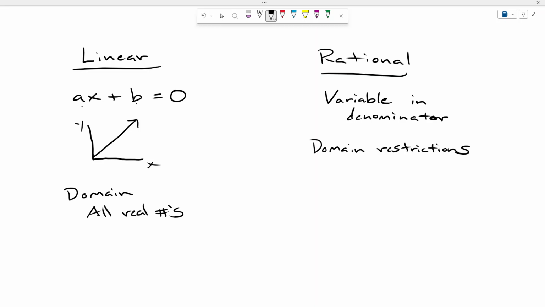And the last point I was going to make on the rational side: if you're not going to check what the domain can't be in the first step, then you need to absolutely remember that answers must be checked, so you don't get something that makes it undefined with 0 in the denominator. So that's our main differences that we definitely need to remember between linear and rational equations.